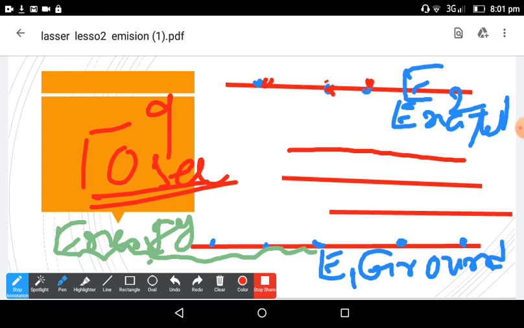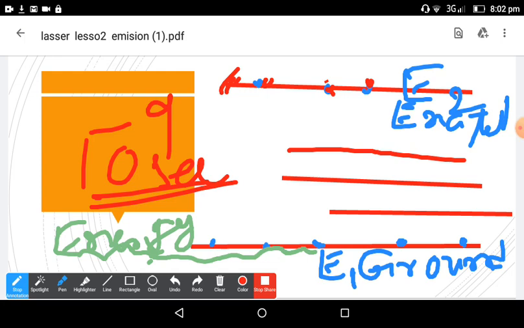It takes 1 nanosecond to stay in the excited level. Immediately after completing their lifetime, 10 power minus 9 seconds, all the atoms which are here in the excited level jump down, spontaneously, without any pressure from outside.